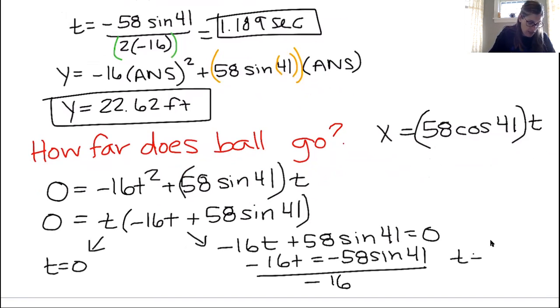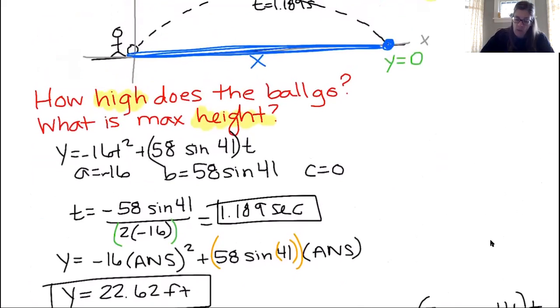So that's going to give me, let's see, 2.378 seconds. Okay, so that's when the ball hits the ground, but remember, we want to know how far it actually went.